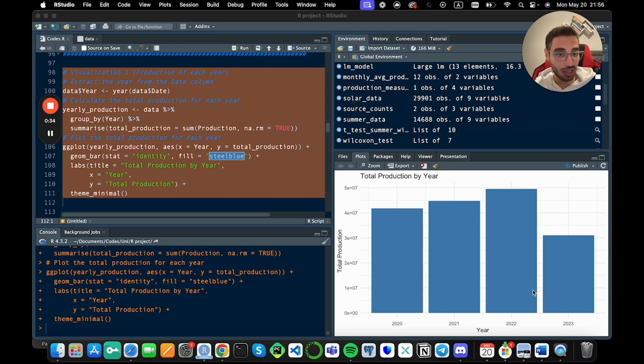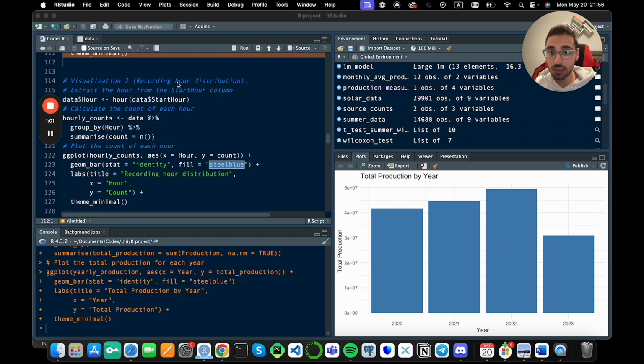So we have growth in energy production in each year, and the midpoint of 2023 is higher than 2022. So we might see another growth in production in 2023, as this chart shows us here.